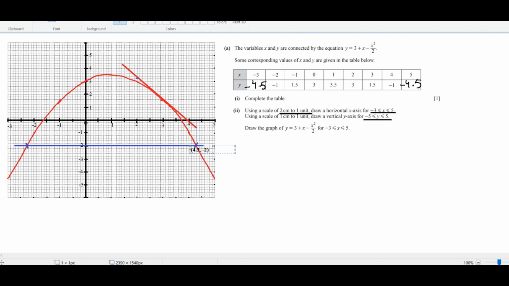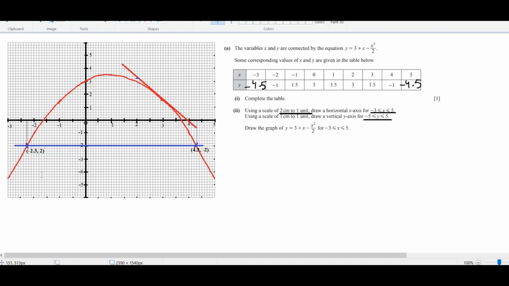And the other point is this, 2.3, something like that, on the negative side. So I'll just write it down here. It's negative 2.3 and negative 2 on the y-axis.